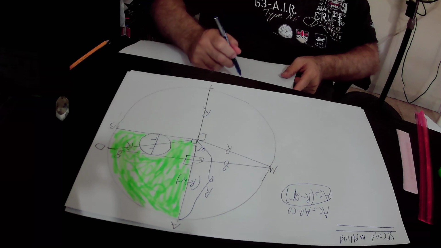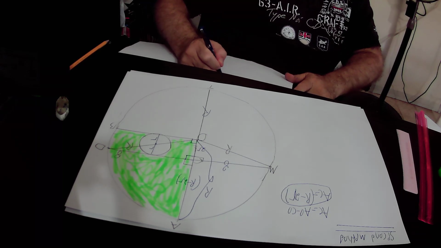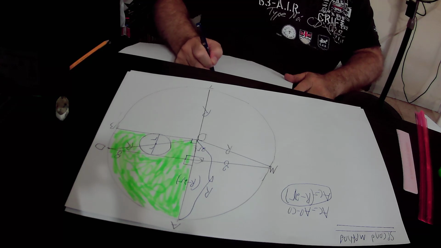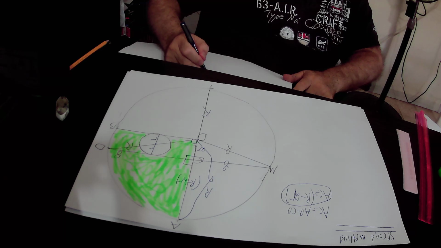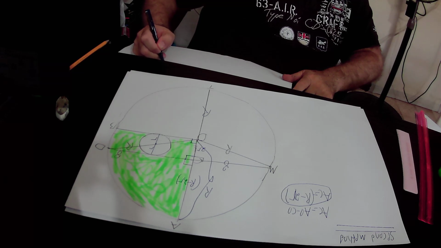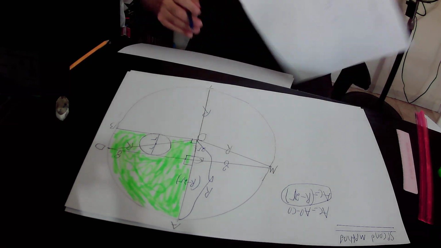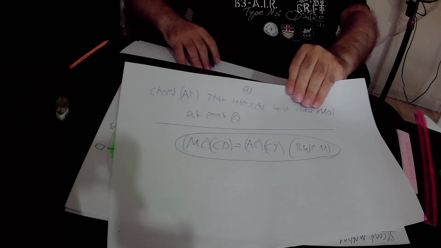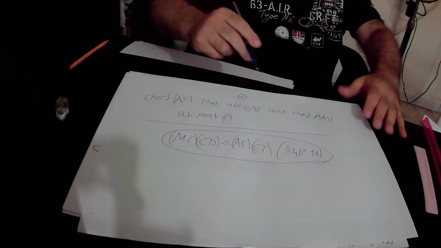Therefore, according to rule number 11, we will get that MC times CD equals AC times CT.